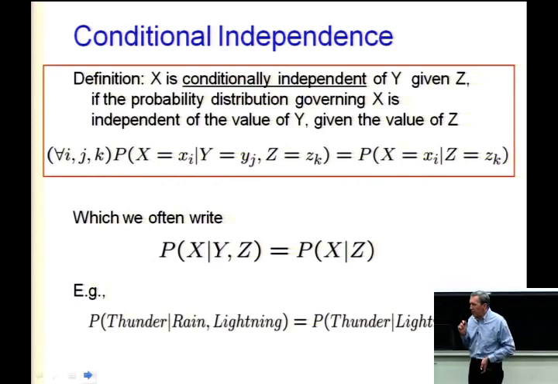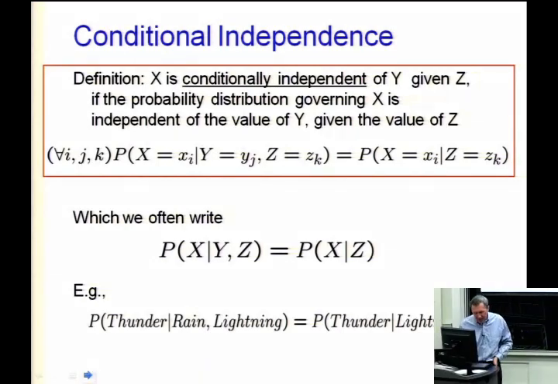Conditional independence is defined here. We'll say that random variable x is conditionally independent of random variable y given random variable z if the probability distribution that governs x is independent of the value of y given z.